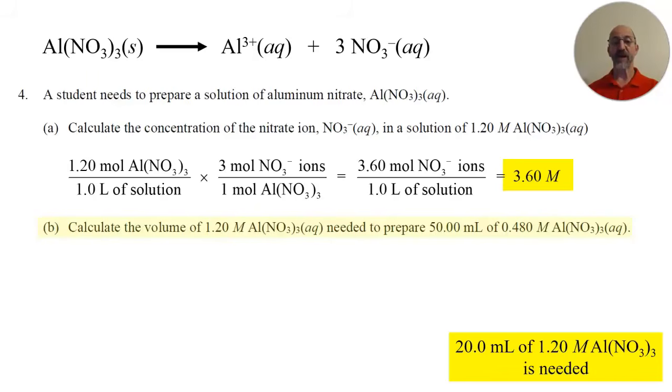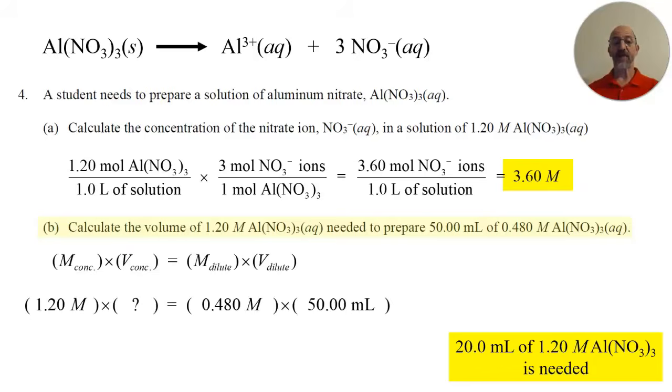So the molarity of the more concentrated solution would be 1.20 molar. The volume of the concentrated solution is actually, we don't know yet. I'll just put a question mark. But then the diluted solution has a concentration of 0.480 molar, and we know that the volume of that diluted solution is 50 milliliters.